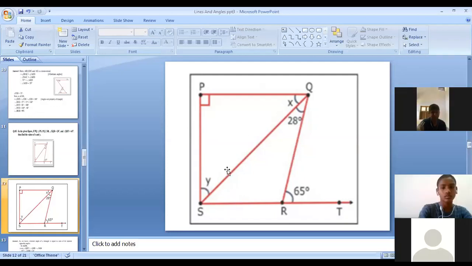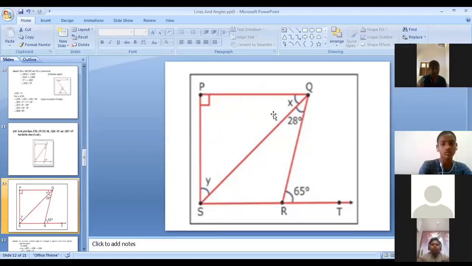Ma'am, we can use the angle sum property as PQS is a triangle. Since PQS is a triangle, angle P plus angle Q plus angle Y gives 180 degrees. That is 90 degrees plus 37 degrees plus Y equals 180.